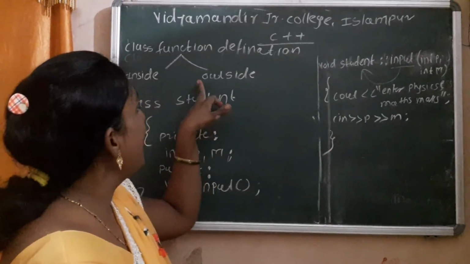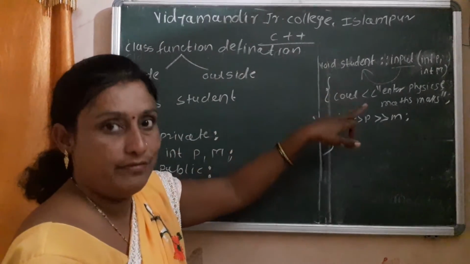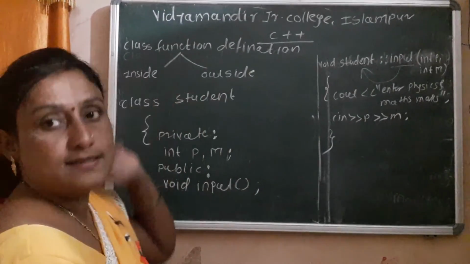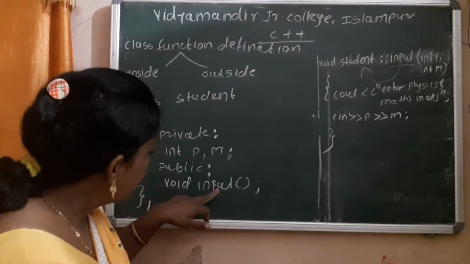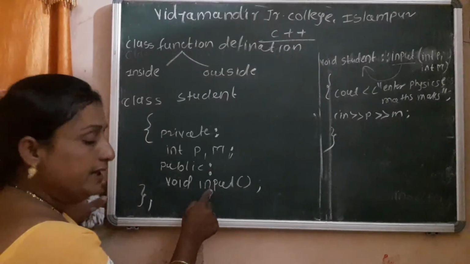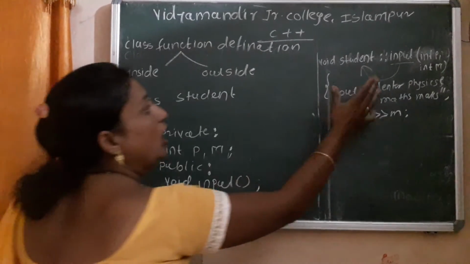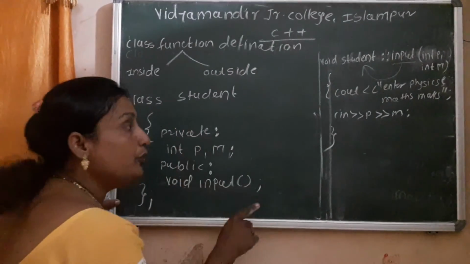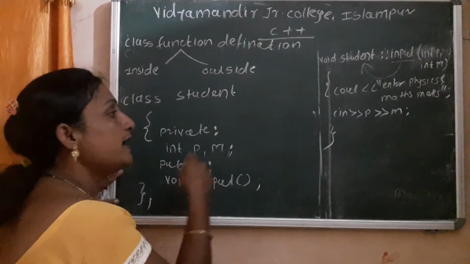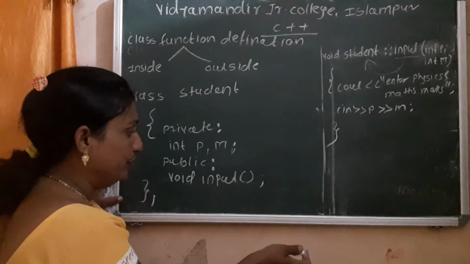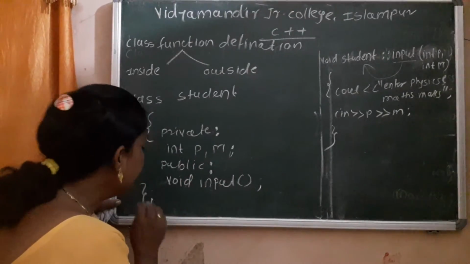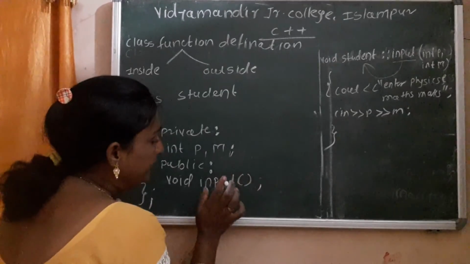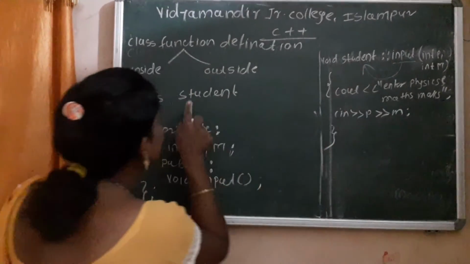This method is the outside class function definition. In the previous lecture we discussed the inside class definition. If the function were defined inside, all this code would be written there. When we want to define a member function outside, we first declare the class and the function, and this function belongs to that class.